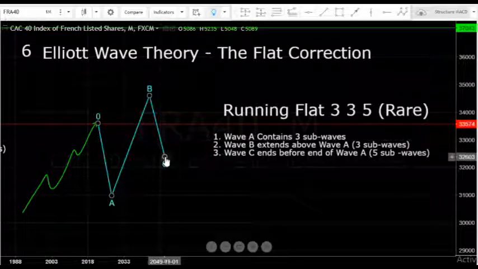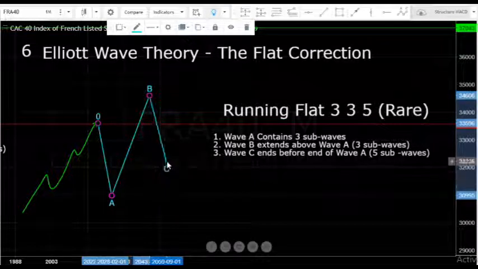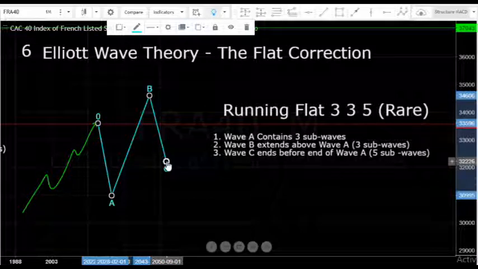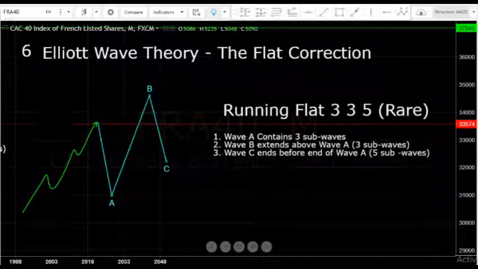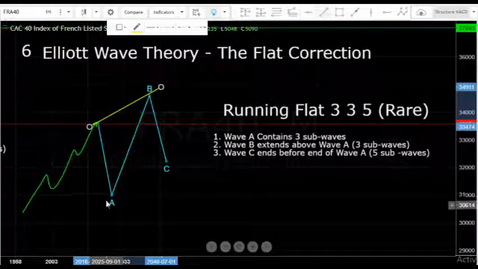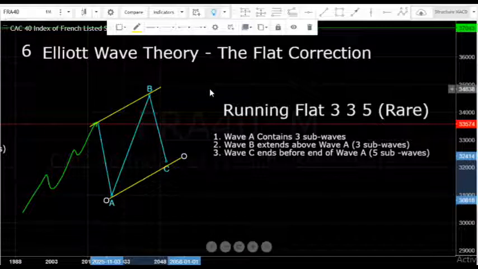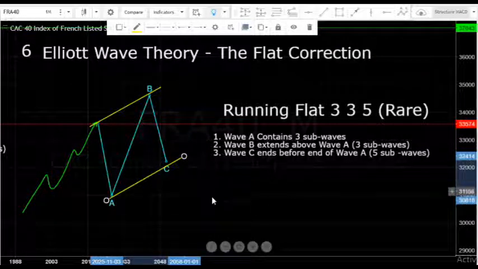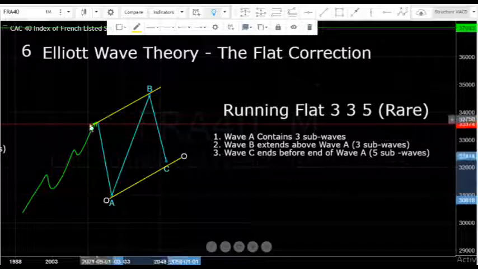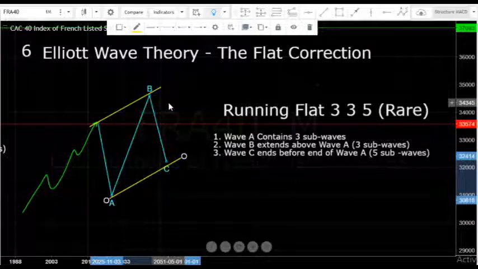But this time, instead of C coming down here beyond A, it stops here. So this is what we call a running flat, because basically price is still moving in an upward direction. But as I say, they're rare. More often we would get what you would call a running triangle, but we'll look at that later on.